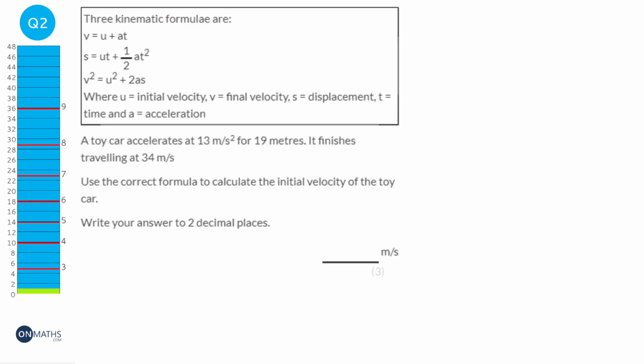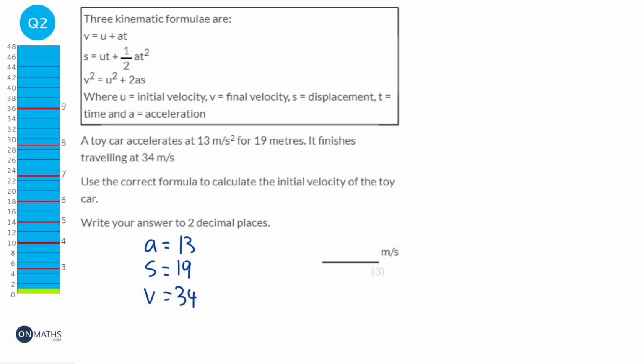So let's look through this question to see what information we're given and what information we're looking for. So we're given the acceleration is 13 meters per second squared. We're also given the distance is 19, and we're also given the end velocity, which is v, is 34.